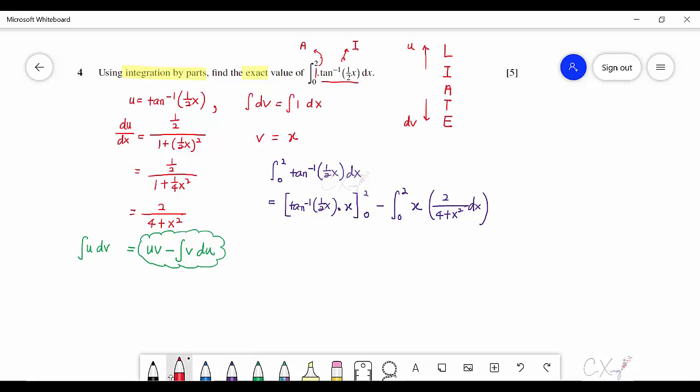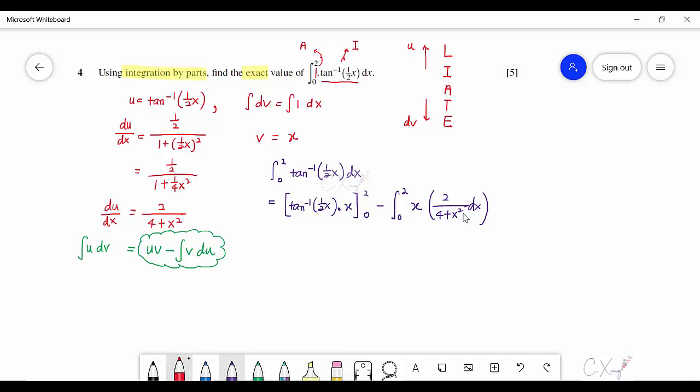I hope that you can see it here. du over dx is this whole fraction, so when you move the dx to the right hand side, your du is equal to this whole part, 2 over 4 plus x squared dx.